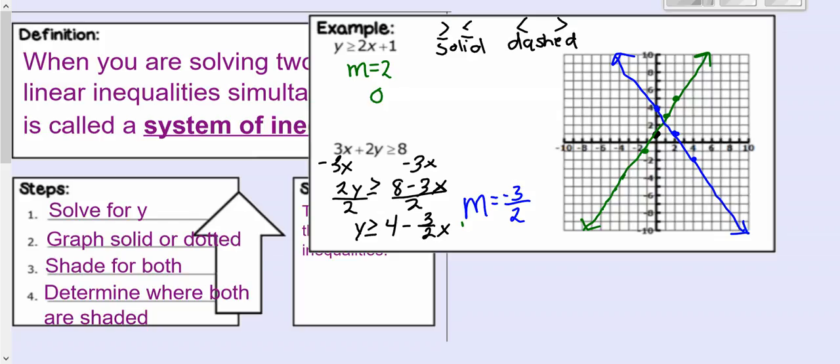So I'd have 0 is greater than or equal to 2 times 0 plus 1. So I have 0 is greater than or equal to 1. Well, 0 is not greater than or equal to 1, so I don't want to shade where 0, 0 is. Let me mark my test point. Since this is false, I'm going to shade on the other side.